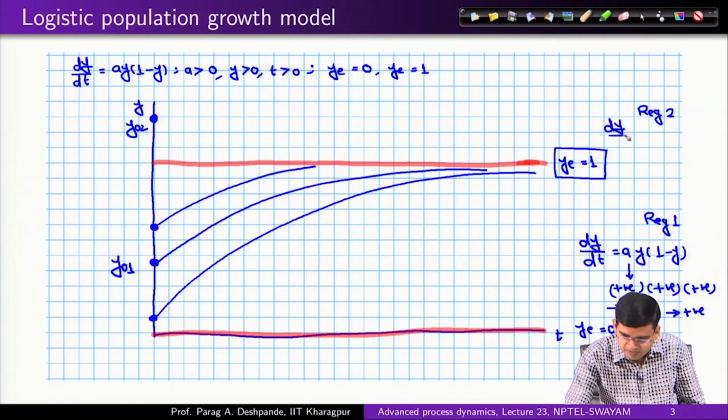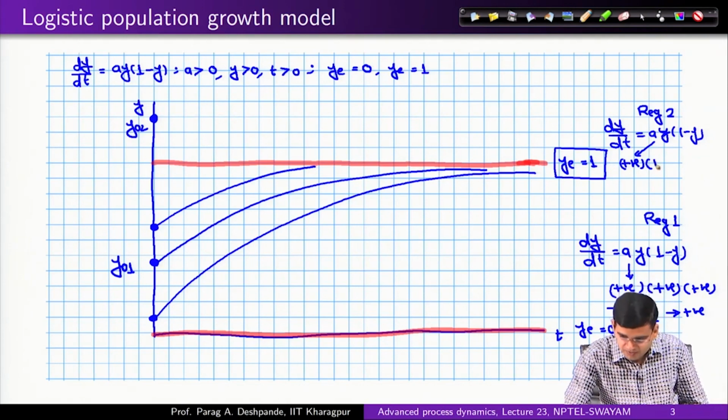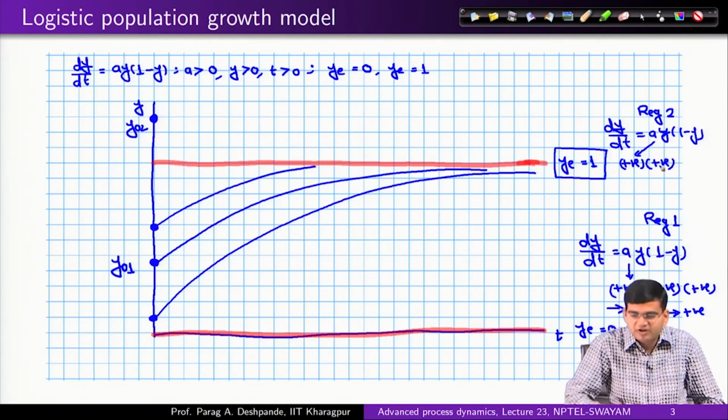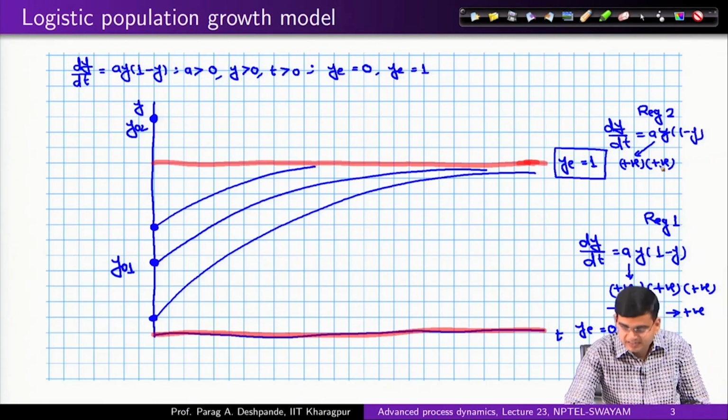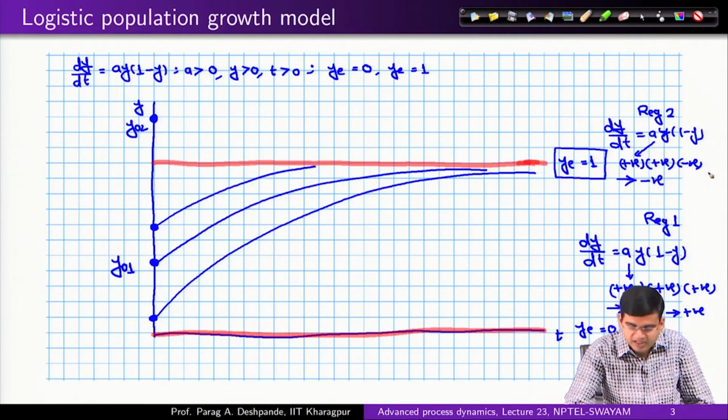dy by dt is equal to a y (1 minus y). A is positive, y is greater than 1. So, y is going to be positive, but 1 minus y for y greater than 1 is negative. So, therefore, the overall derivative would be negative in region 2.